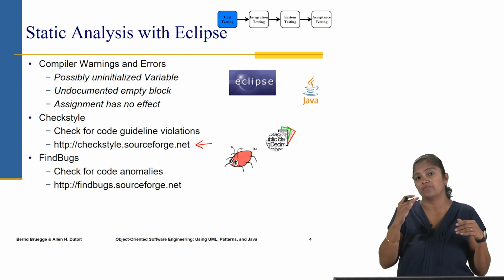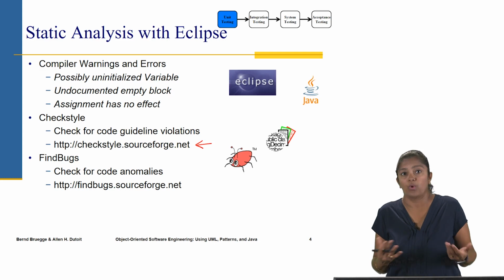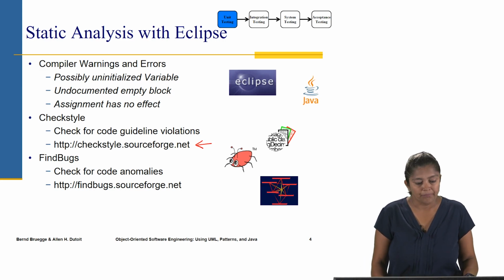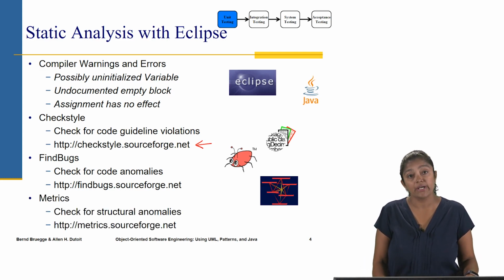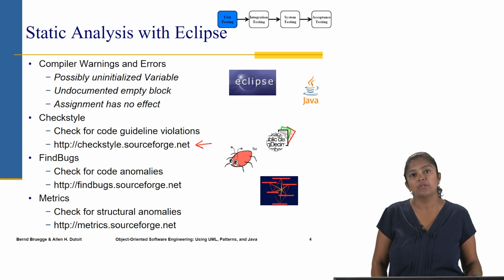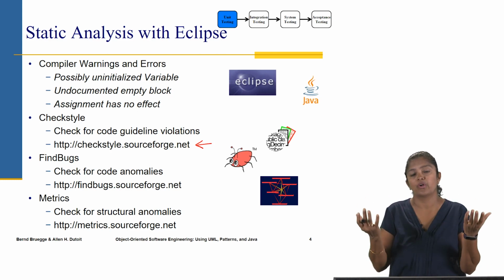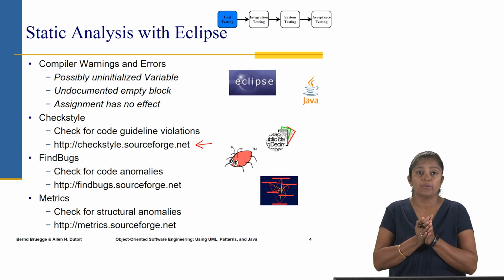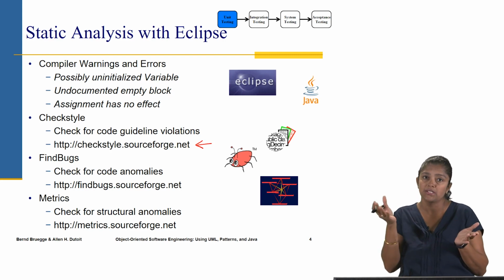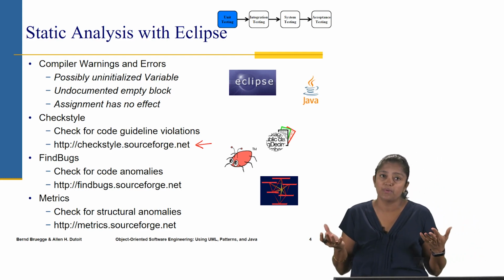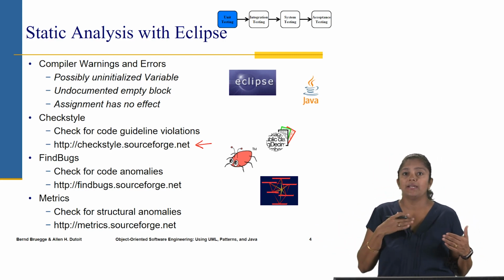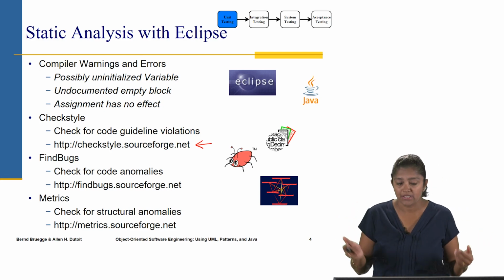It provides a list and one could check or uncheck what needs to be checked for. The last one is Metrics. And the purpose of this tool is to look for structural anomalies. It basically provides a lot of information about the entire overall structure of the program, the number of classes that are in there, the dependencies between classes, and the number of levels of dependencies.